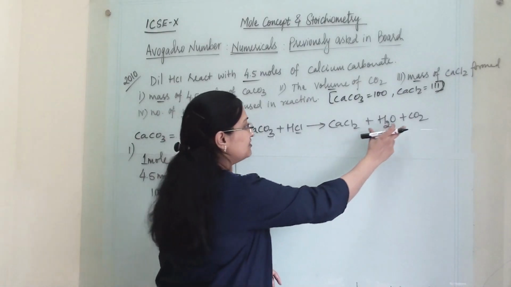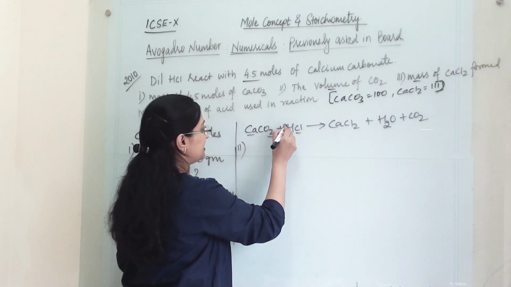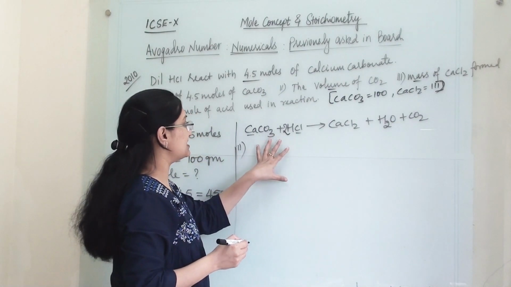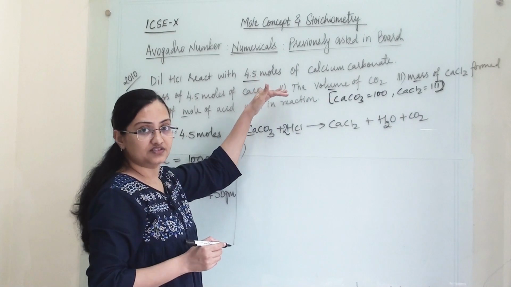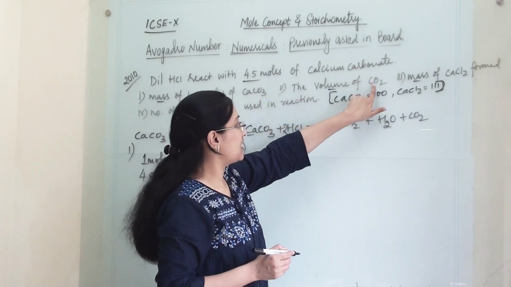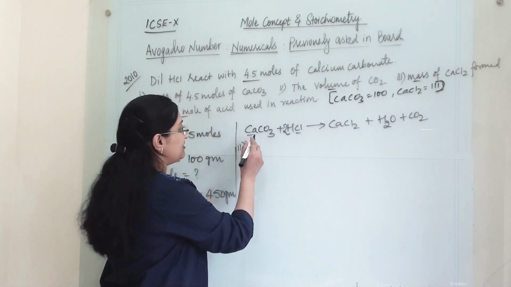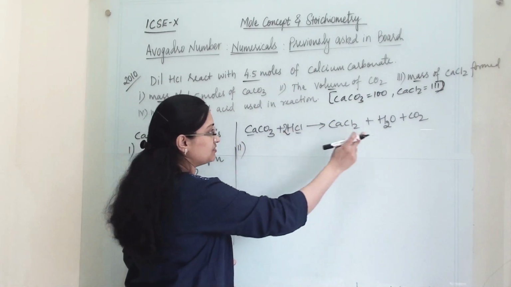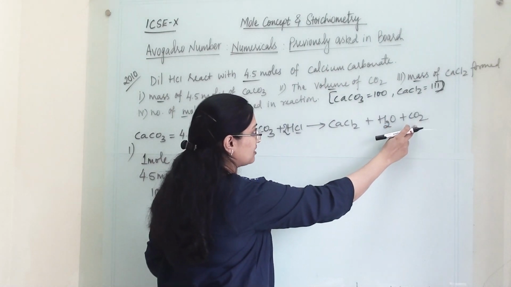So here we will balance this equation and we will get here 2 HCl. Now this equation is balanced and this is what this reaction says. Now we have to find out the volume of carbon dioxide. Here, when 1 volume of calcium carbonate is reacting, we will get 1 volume of carbon dioxide.